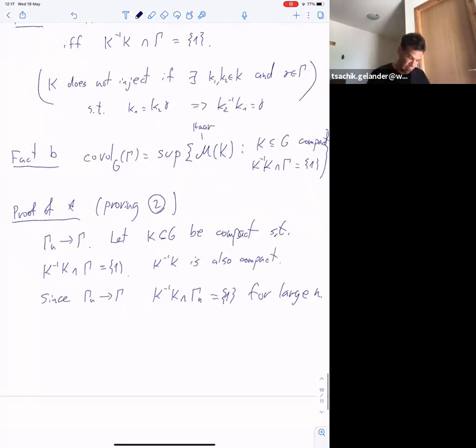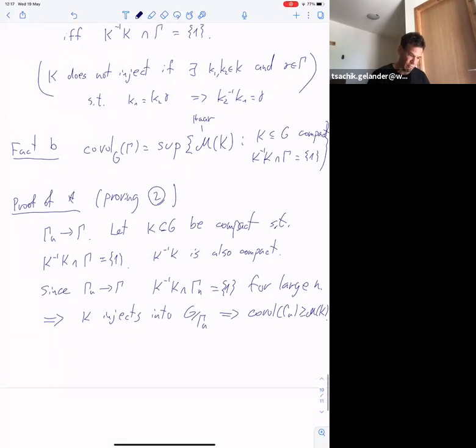And therefore this implies that K injects into G mod gamma n, which implies that the co-volume of gamma n is at least the measure of K. Now K was arbitrary, so by fact 2, we get the theorem.